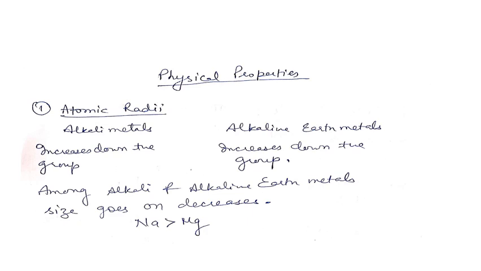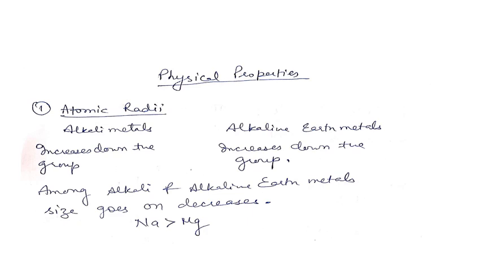What is the relationship between the atomic radii of alkali and alkaline earth metals? If we compare them, the atomic radii of the alkali metal is greater than the alkaline earth metal because from left to right it goes on decreasing.